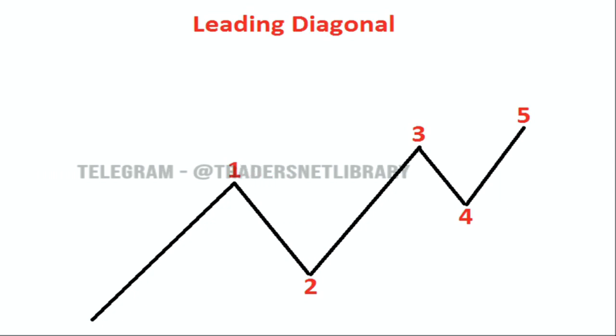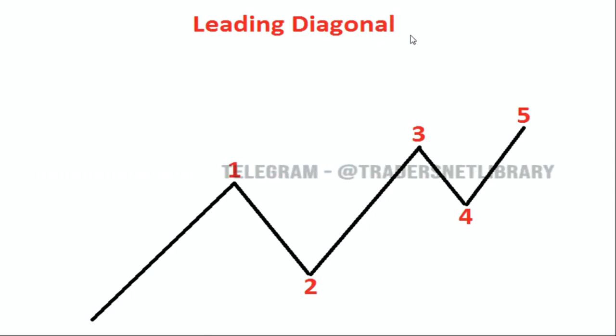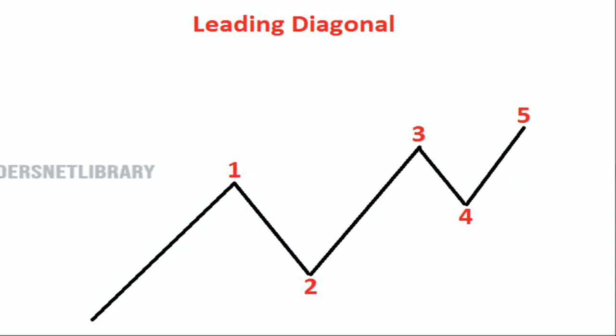Leading diagonal pattern. This pattern has a different structure and rules from the rules expressed for impulse waves. This pattern has a structure of 5, 3, 5, 3, 5.